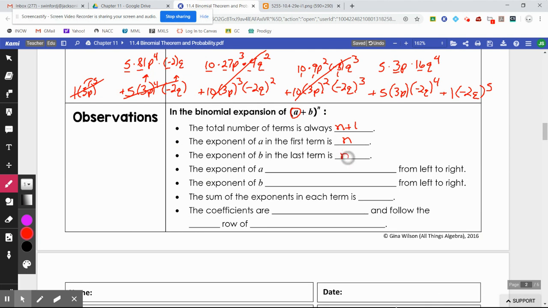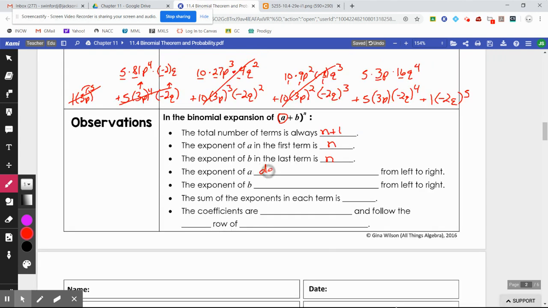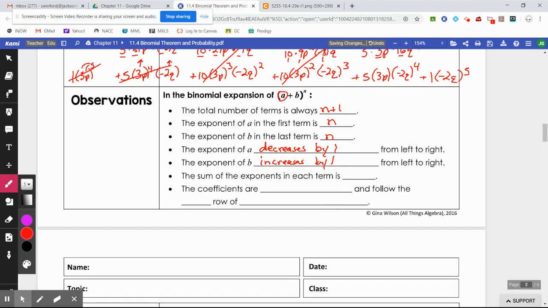So that is also n. The exponent of a decreases from left to right. So we always start with n for my first term, and the exponent of a decreases by 1 from left to right for each other term. The exponent of b increases by 1 from left to right. And we also know that we start with the 0 term there as well.